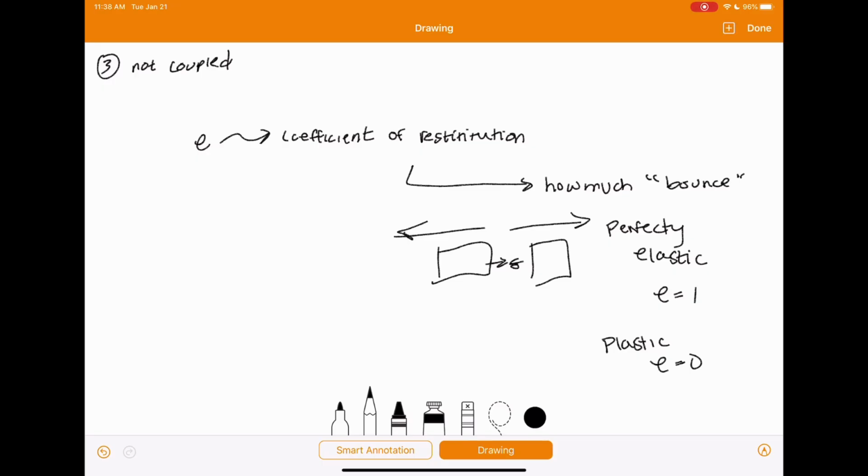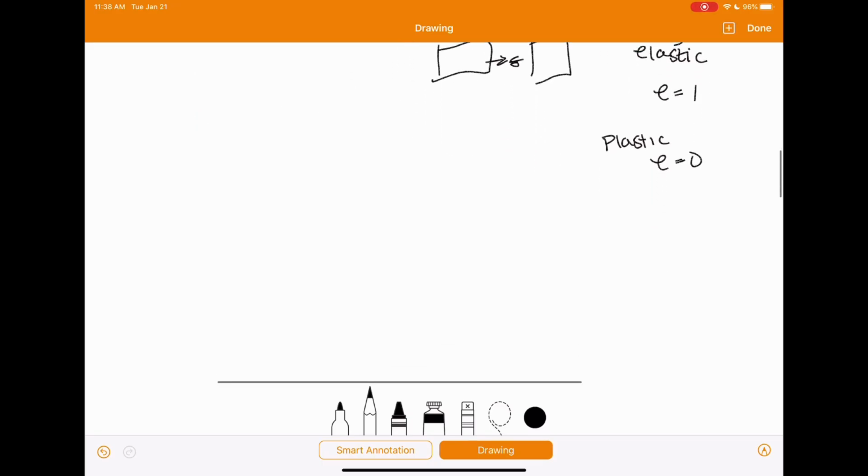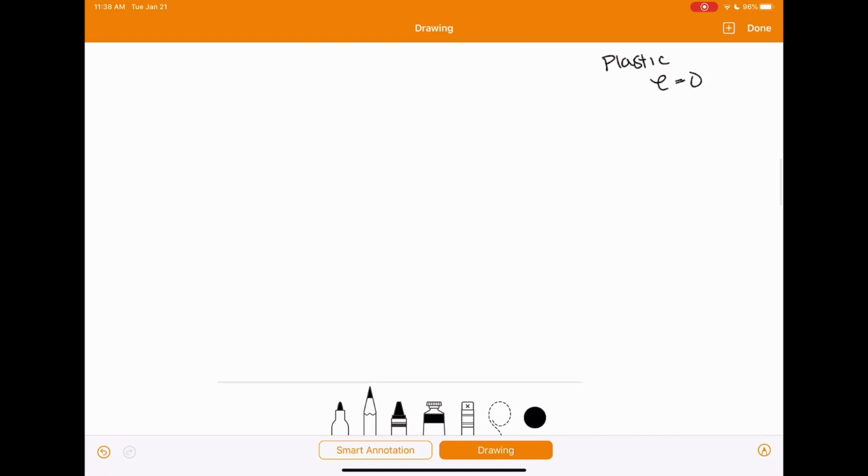But we can figure out the coefficient of restitution of objects when we know the final velocities of object 1 and object 2, and the initial velocities of object 1 and 2. Remember, if it's got this little prime on it, that's a final velocity. If it doesn't have a prime, that's an initial velocity.